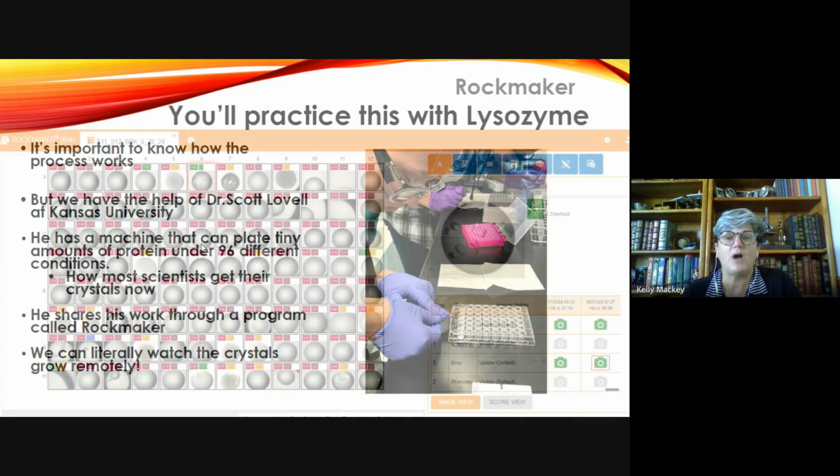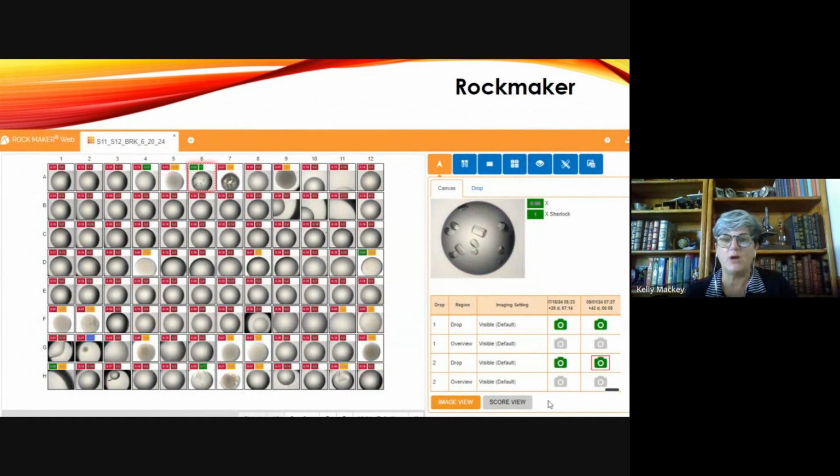So here's what one screen of RockMaker looks like. So this is called a screen. There's a lot going on here. This is one 96 well plate. It contains 2 drops in every one of these wells. So this one is actually set for drop number 1, which is the protein we've identified as S11.